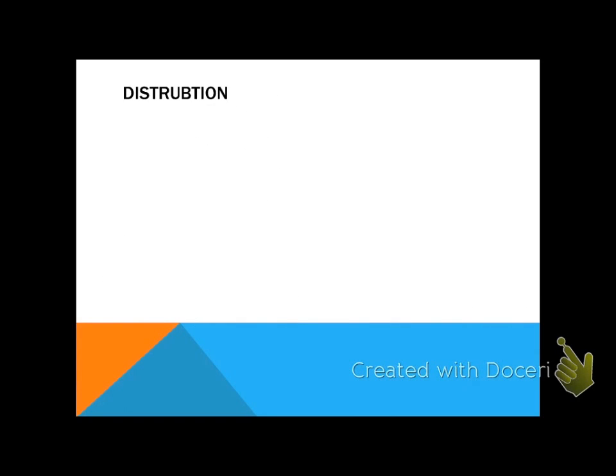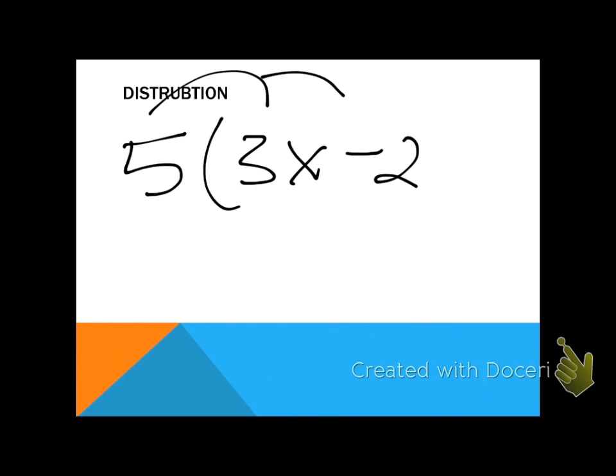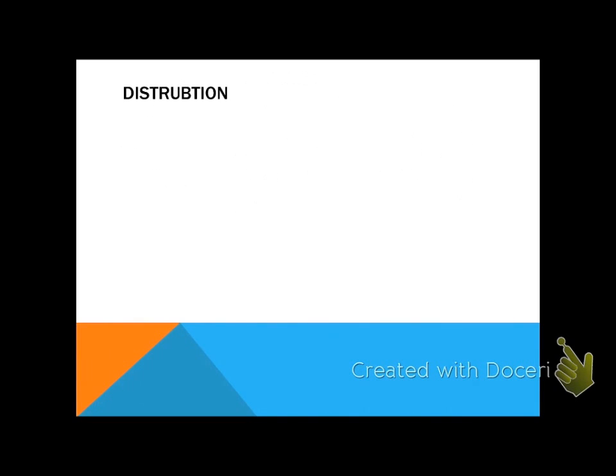Alright, distribution. A term outside the parentheses with no other operation sign is to be distributed or multiplied to all terms inside the parentheses. So we have 5(3x minus 2), simple enough, just distribute. Let's say we have exponents now.